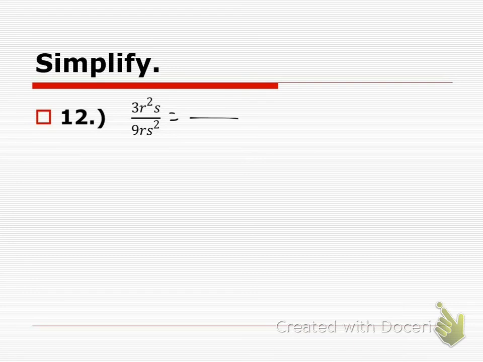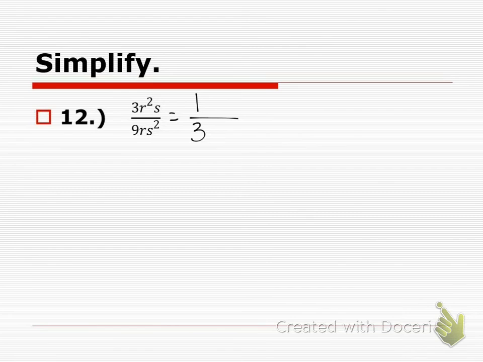What are 3 and 9 both divisible by? 3. 3 divided by 3 is 1. 9 divided by 3 is 3.